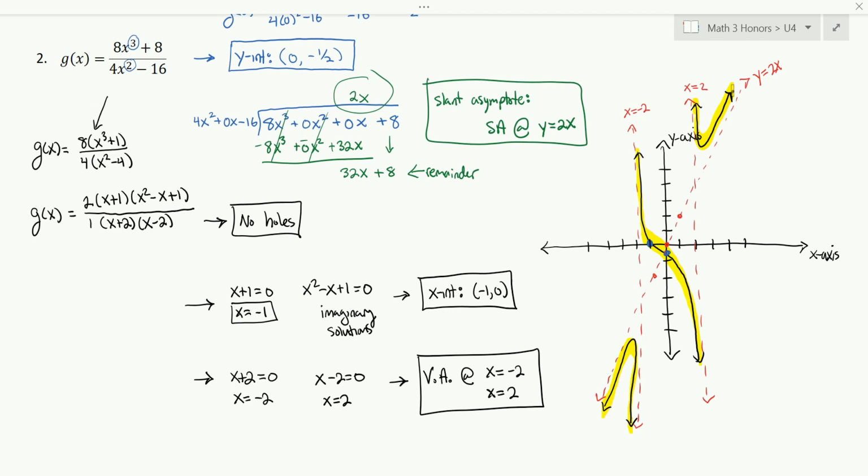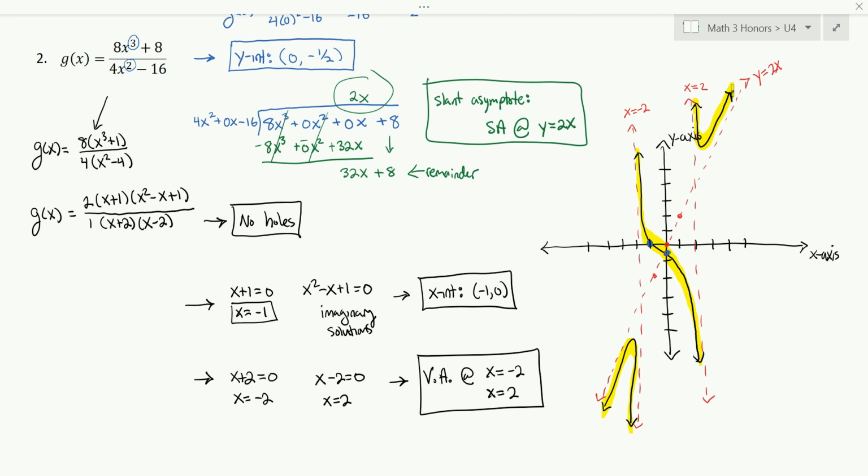Okay. On the far right is the same kind of reasoning. You know you have to follow the slant asymptote as you move to the right. So you need to be pointed up, and you know you can't pass the x-axis because there's no x-intercepts there. So you have to stay above the x-axis, and so that's your far left, your far right.